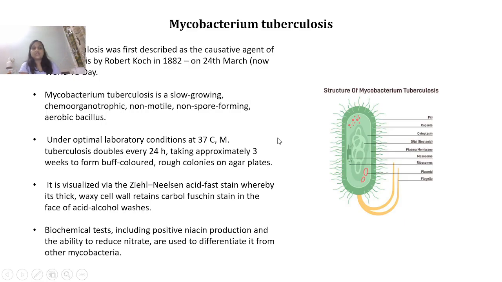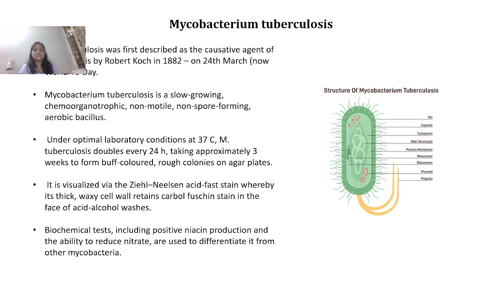It is a slow-growing, chemo-organotrophic, non-motile, non-spore-forming aerobic bacillus. This is the structure of Mycobacterium tuberculosis. It has a capsule, cytoplasm, DNA, pili, plasma membrane, the mesosome, ribosome, plasmid, and flagellum. So it is a typical bacterial structure, which I showed you earlier.